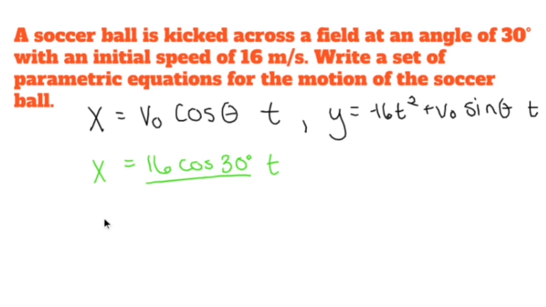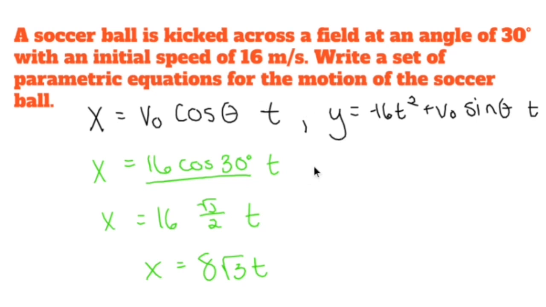Cos theta is root 3 over 2. 16 over 2 is going to be 8. So 8 root 3 t is going to be my guy. Some people might want you to say 8t root 3, but I'm not going to lose sleep over that.